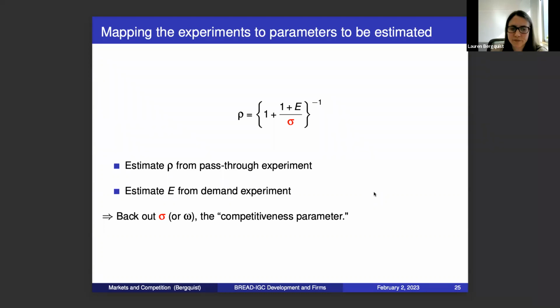That's a great question. Other questions? There's one more quick one, which is you mentioned that it's often common that people are both producers and consumers. How do you deal with those issues? For example, pass-through may be different for firms where the producer is also a consumer. Yeah, that's a good point.